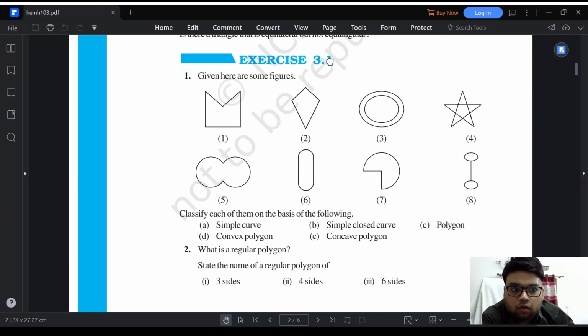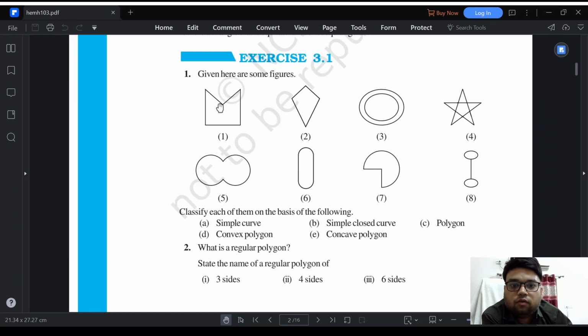Now moving forward to your exercise, we have to classify them. Which one is the example of a convex polygon and which one is the example of a concave polygon? By simple observation, we can say that example number one is a concave polygon because this angle is more than 180 degrees.